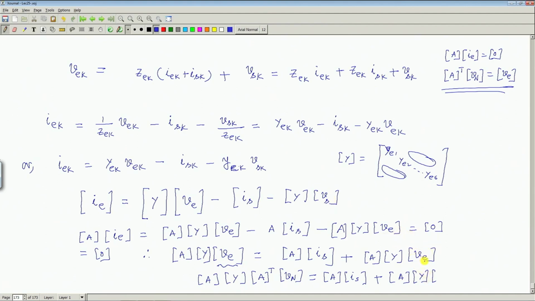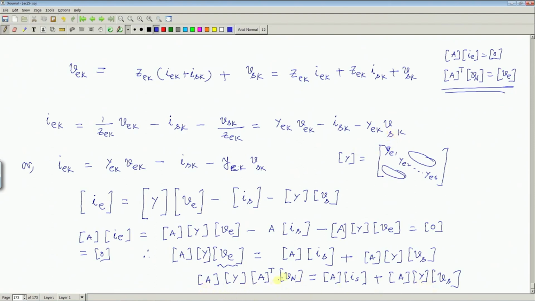So, this will be V s. Anyway, so take that correction.